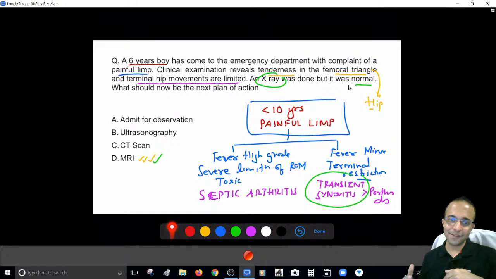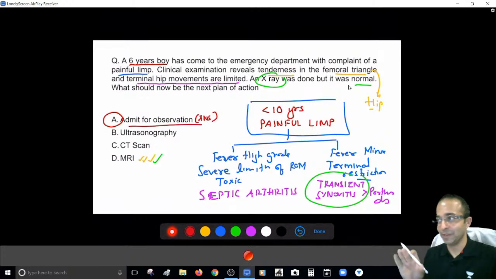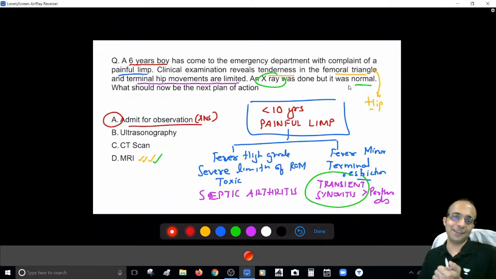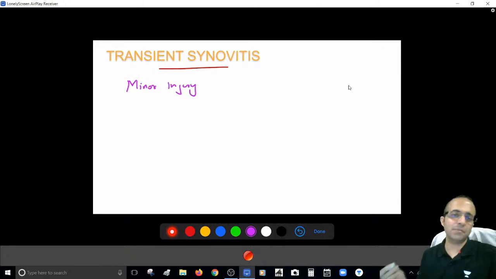Okay. So if it is transient synovitis, see, SS has very nicely written the other name of transient synovitis, observation hip. So full marks to you, dear. So the answer here should be admit for observation, because this is a case of transient synovitis, not a case of septic arthritis. Transient synovitis. Generally some minor injury, maybe minor trauma, or sometimes unknown, no reason identified, idiopathic.